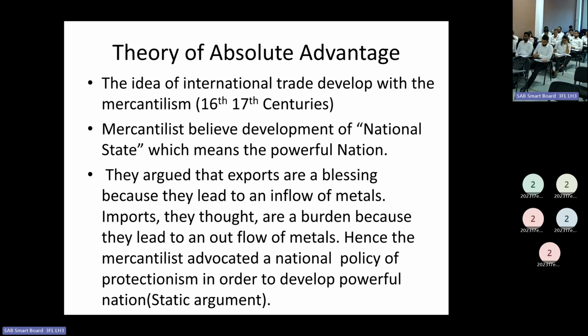So that is the main policy highlighted by the countries. It is a kind of protectionism, what we talk about now. Protectionism policy was highlighted by the countries in order to develop a powerful nation, with benefits for our own purpose.